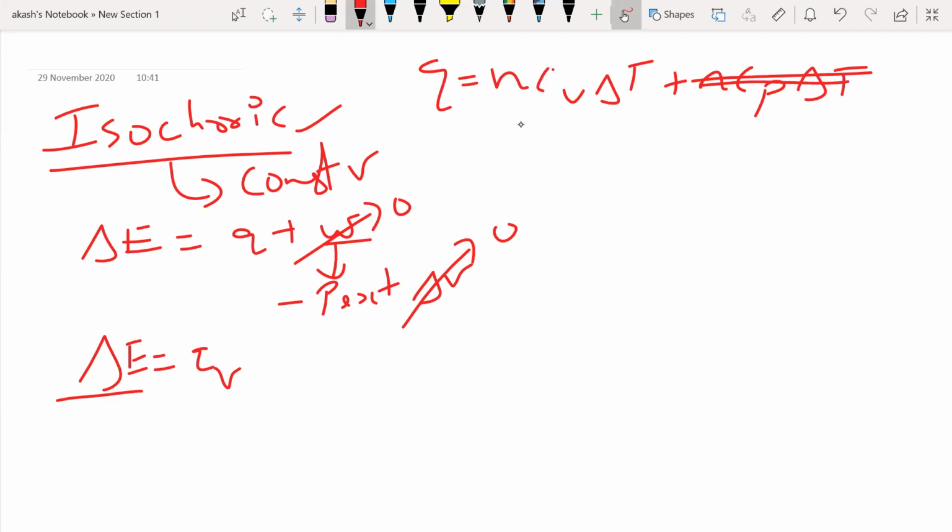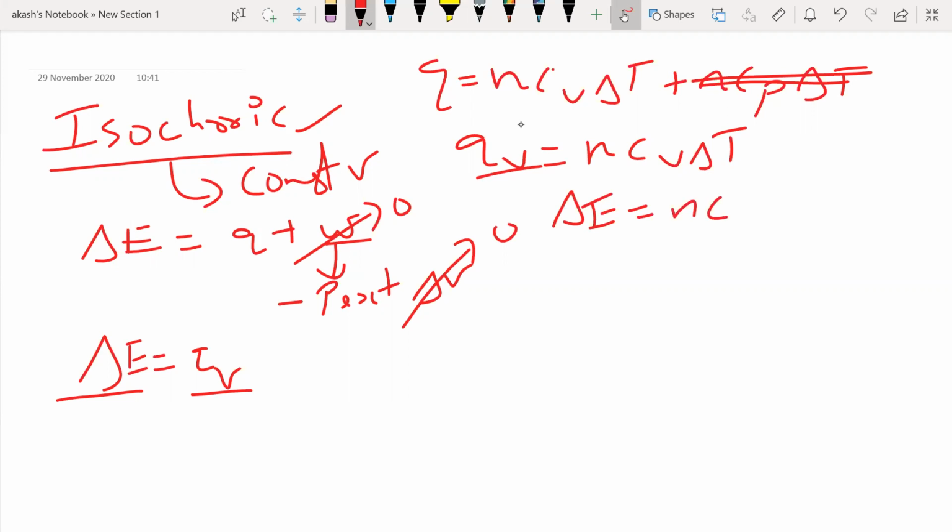So can I write the equation as QV, that is heat added or heat lost at constant volume, to be equal to nCV delta T? Right? So now this QV and this QV are absolutely the same. Now I am going to get a beautiful relationship for delta E. Delta E is equal to nCV delta T.